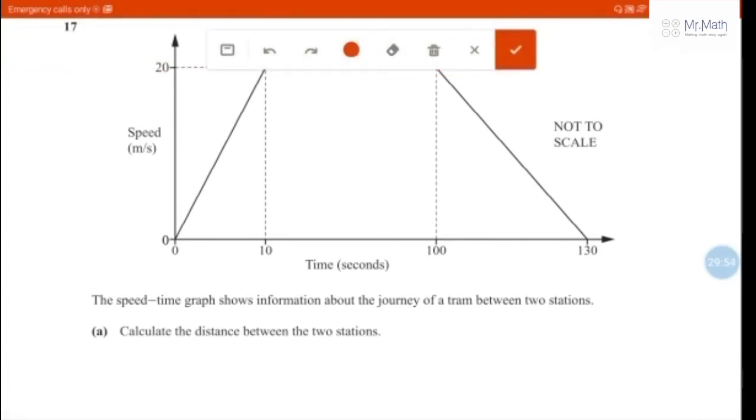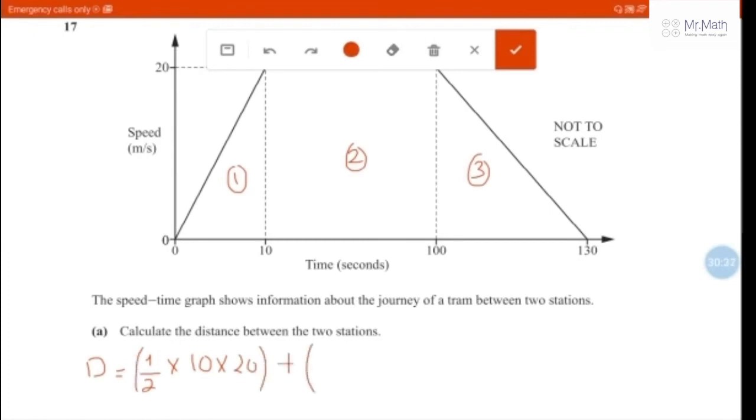To find the distance, for any speed time graph, the distance is the area under that graph. So the distance d is equal to the area of 1, the area of 2, and the area of 3. Now the area of 1 is the area of a triangle, which is half times base times height. So it's half times the base, which is 10, times the height, which is 20.